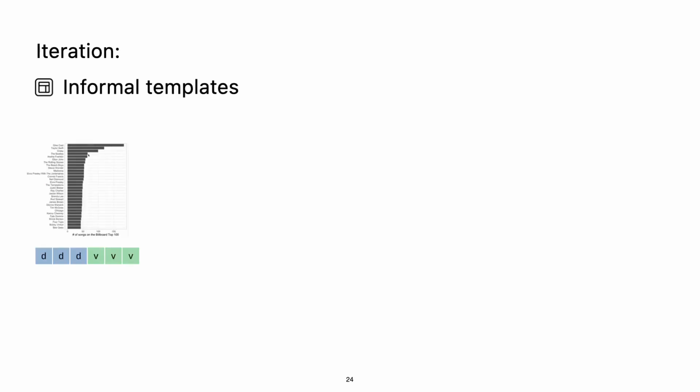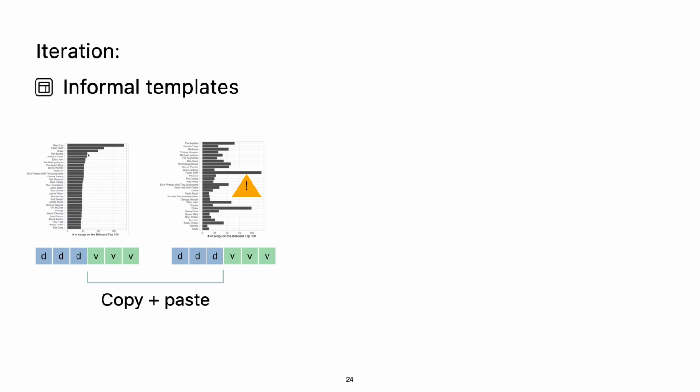On the other hand, participants devised their own informal plot templates and shortcuts in analysis. They copied and pasted code chunks like templates to make similar plots elsewhere in their analysis, but mistakes can happen, like forgetting to update some variables and messing up with sorting in this example. Of course, plot templates go against the grammar philosophy.